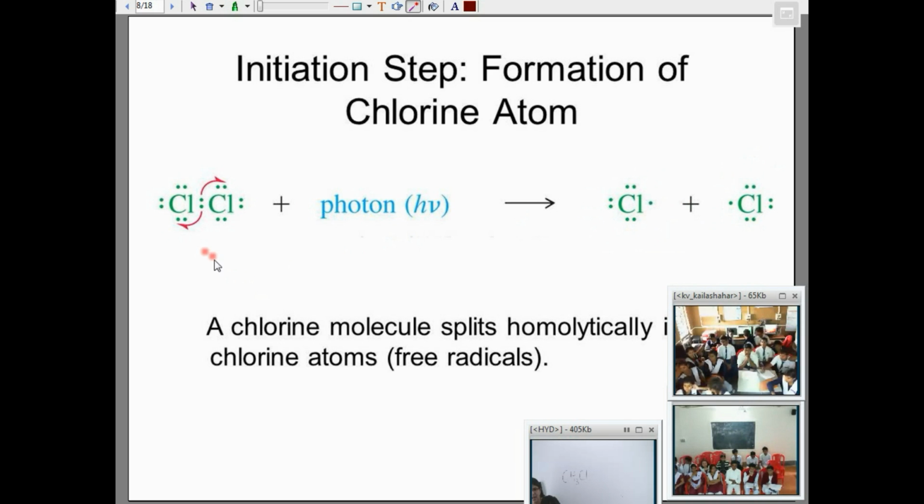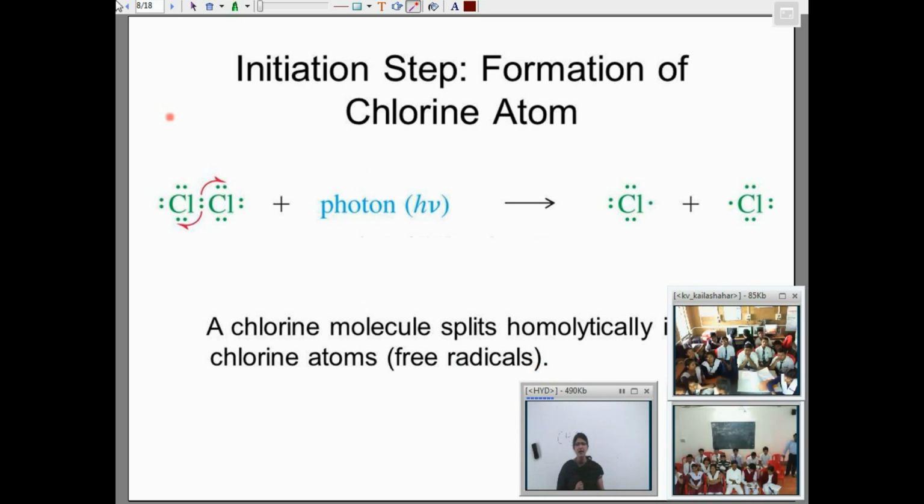You can see that both chlorine atoms now again have 7 electrons. What we can understand here is that this pair of electrons, which is responsible for one bond or a single bond, breaks. And when it breaks, one electron goes back to each chlorine atom.